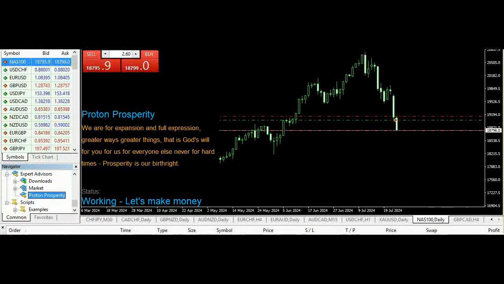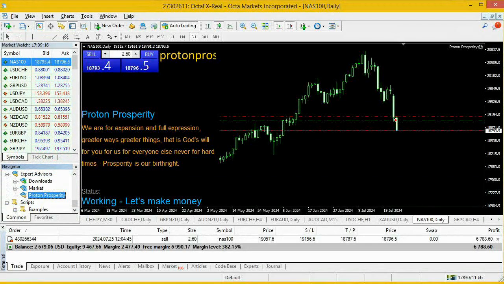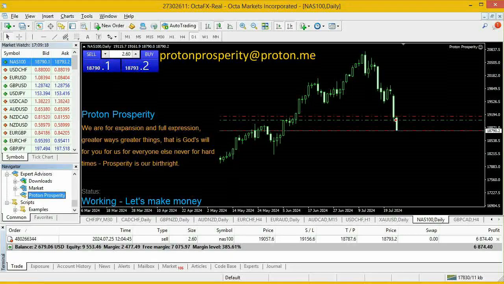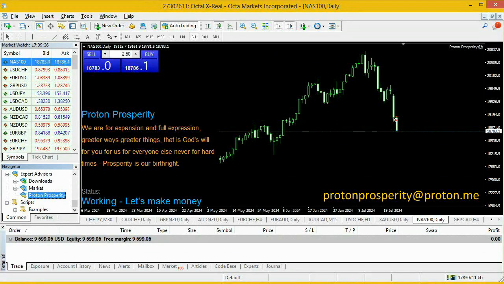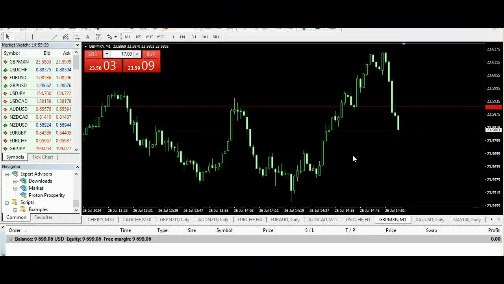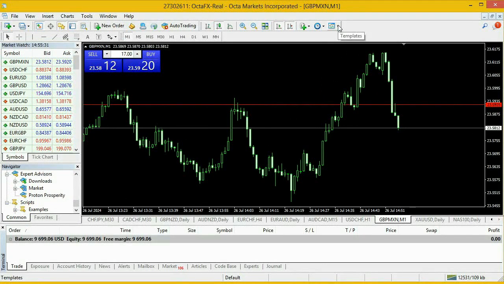And 5 hours 4 minutes into the trade, take profit triggered. Our take profit is triggered. As you can see, our balance is now $9,699. Our next trade is on the British pound and Mexican peso currency pair.